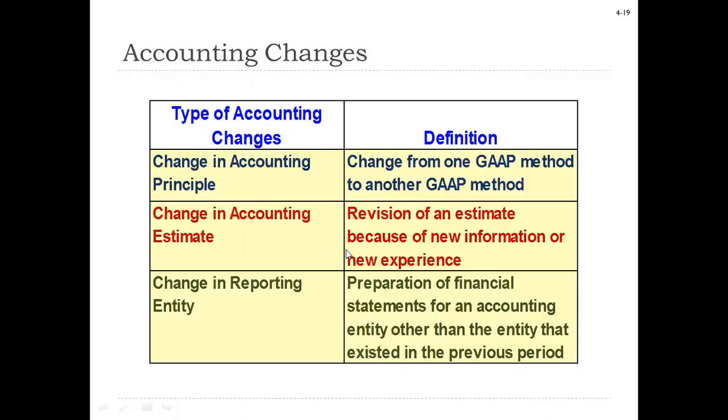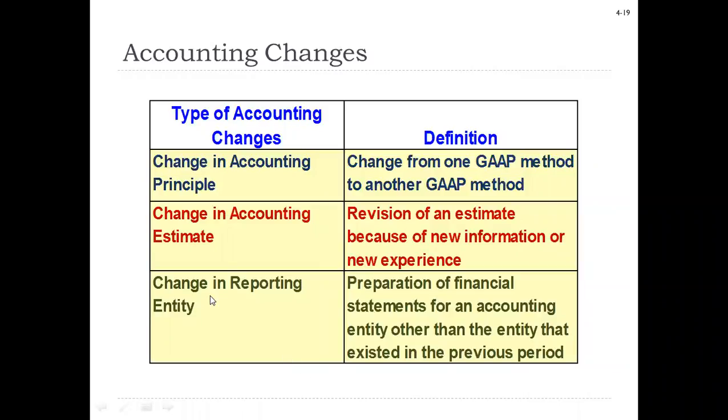Those are both estimates because we don't know for sure what the salvage value is going to be or how long the asset's going to last. So we just have to make an estimate in the beginning. If later on we have to revise the estimate because we have some new information that causes us to change our mind about those estimates, then that's called a change in accounting estimate.